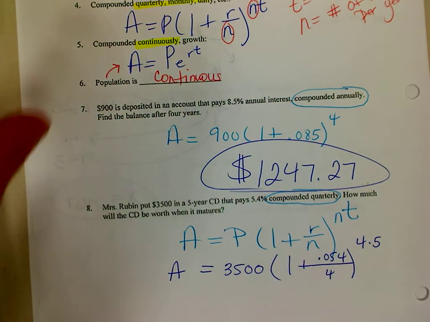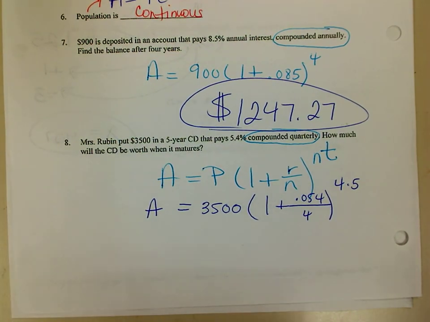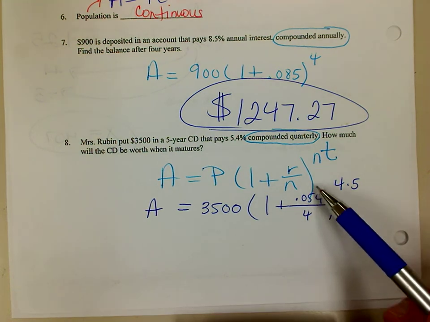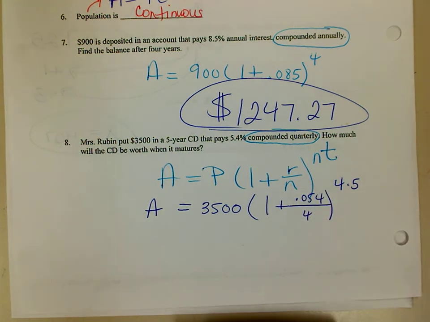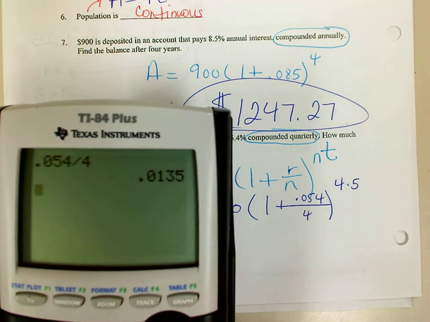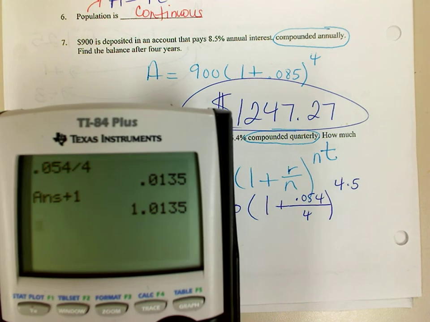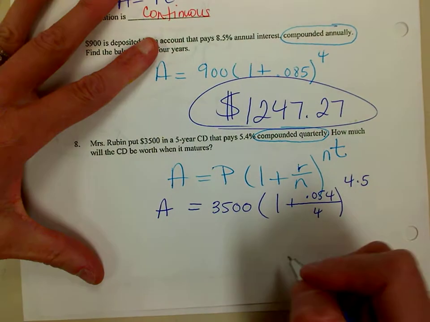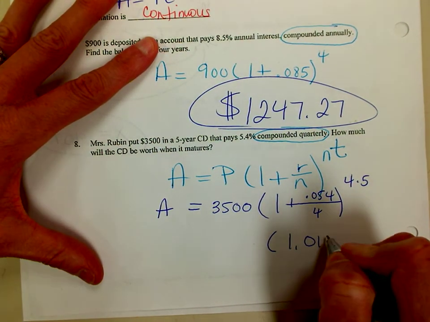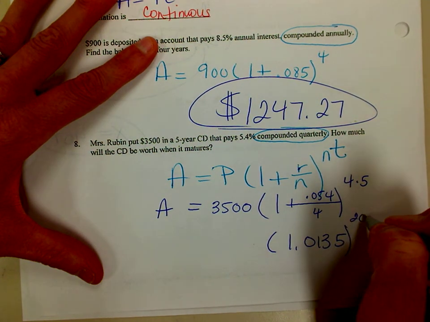Now, although my variable is already by itself, I don't really want to put this in all at once. That's a lot of stuff going on there. So what I want to do first is maybe figure out what this is. So I'm going to divide those two numbers. Okay, so I did that. And then I'm going to add 1 to it. So 1.0135 would be all of this. My exponent is 20.